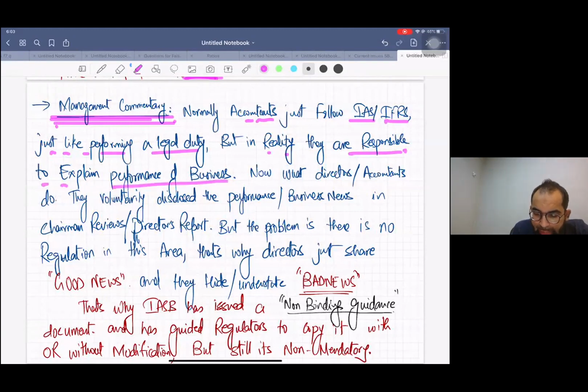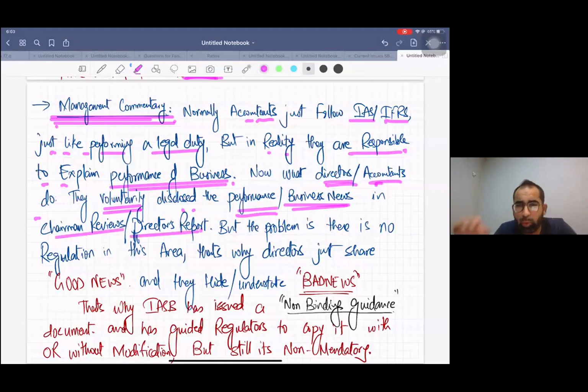Now, what directors and accountants do is they voluntarily disclose the performance of the business and business units in chairman's reviews or directors' reports. I hope you have seen a financial statement at least once in your life.